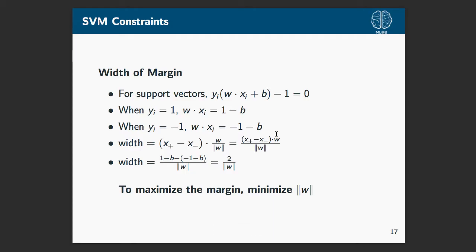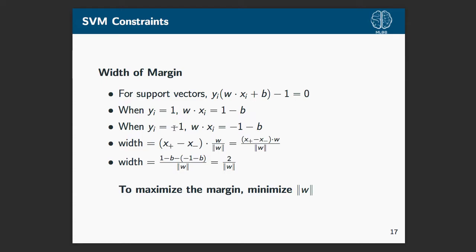Okay. So for support vectors, basically now we'll just plug in what the support vector formula is. For support vectors, we know that y times the dot product of w and x, minus 1, is equal to 0, and I just subtracted the 1 on both sides. So when yi is equal to 1, if you plug that in here, that means the dot product of w times xi is equal to 1 minus b.